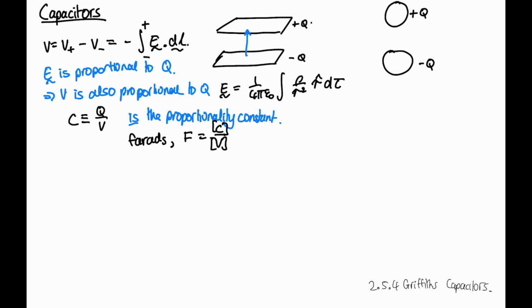So let's have a look at how we could calculate the capacitance for a very simple case. Let's consider this setup here, where we've got a parallel plate capacitor. Let's let both of these have surface area A, and we'll separate them by a distance D. Now, quite a few times we have calculated what the electric field is from a sheet of charge.